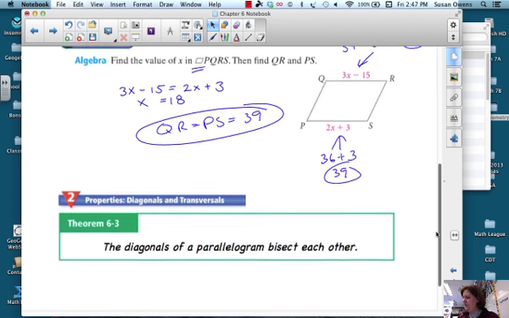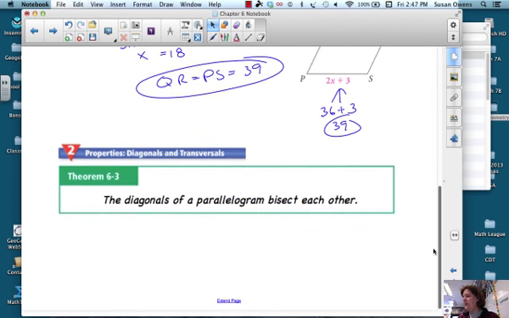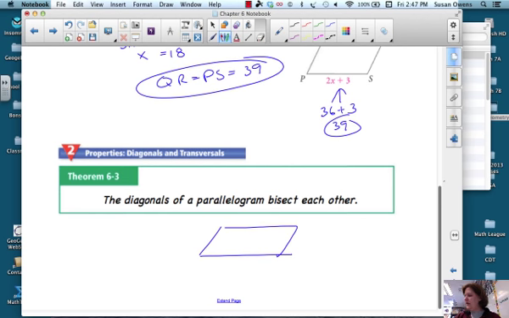Our next theorem, the diagonals of a parallelogram bisect each other. So if I draw any parallelogram and then I draw the diagonals, remember diagonals go from a vertex to any non-adjacent vertex, so there's only 2 diagonals. What this one is saying is that they bisect each other, so that diagonal is bisected and this one is bisected. It doesn't mean all the pieces of the diagonals are congruent, but the 2 diagonals bisect each other.